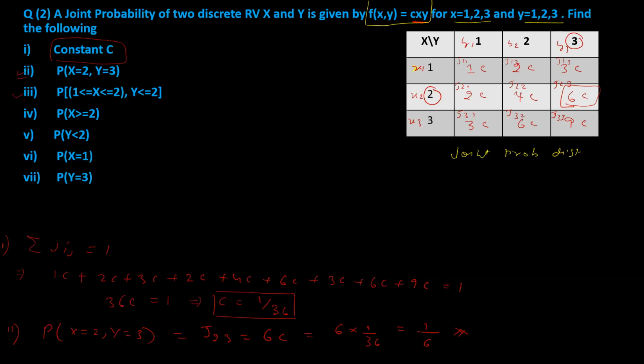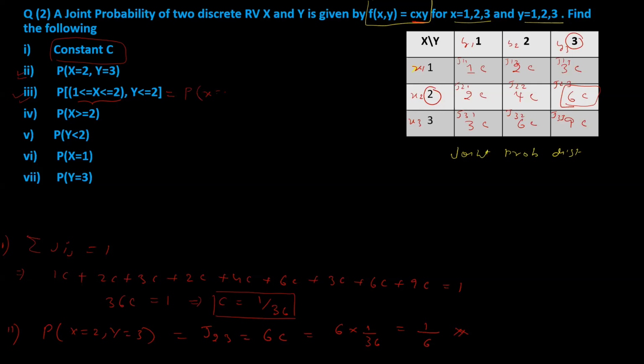Now let us go for the second question. Can you quickly answer the second question? What do you have? You have x greater than or equal to 1 and less than or equal to 2, and y should be strictly between 2. So what are the options you have? X between 1 and 2, including 1 and 2.